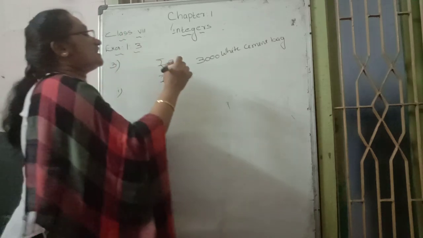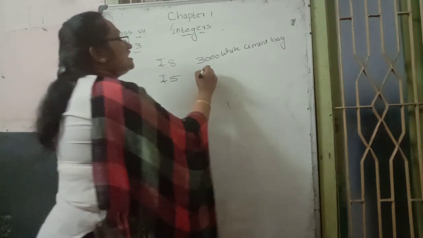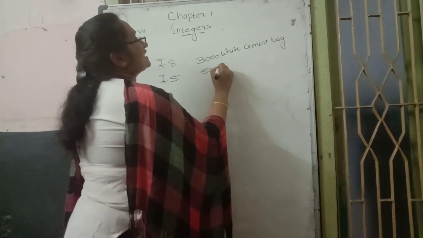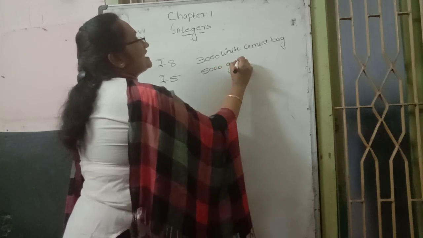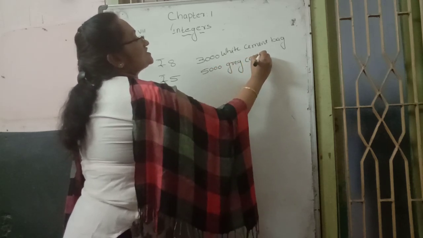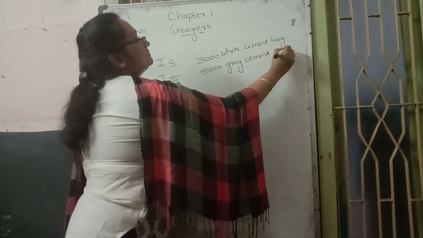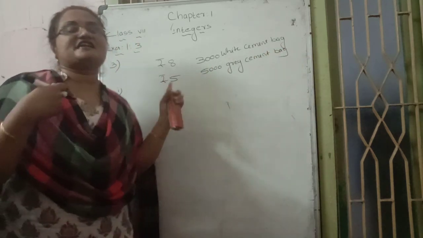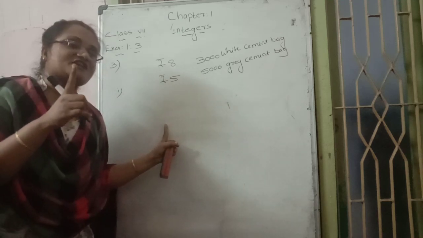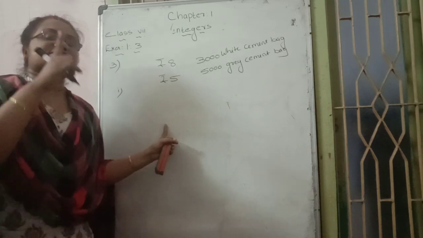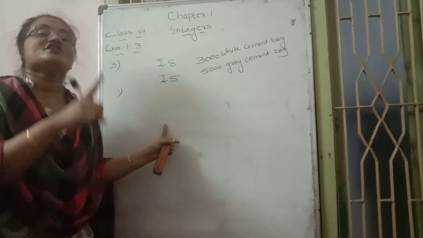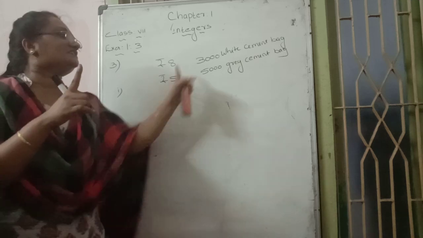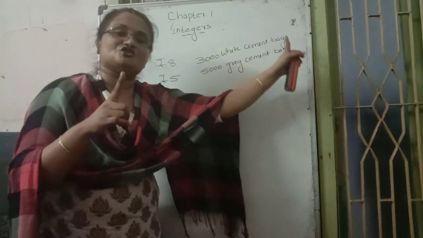And same way, they tell about 5,000 grey cement bags sold in 1 month. So how much rupees loss is happening? That is the first part. So the first part, once again I am repeating. Suppose that company sold for 1 month 3,000 white cement bags.